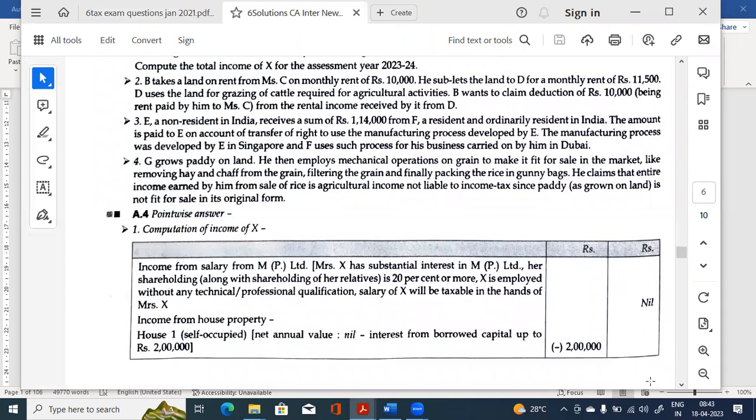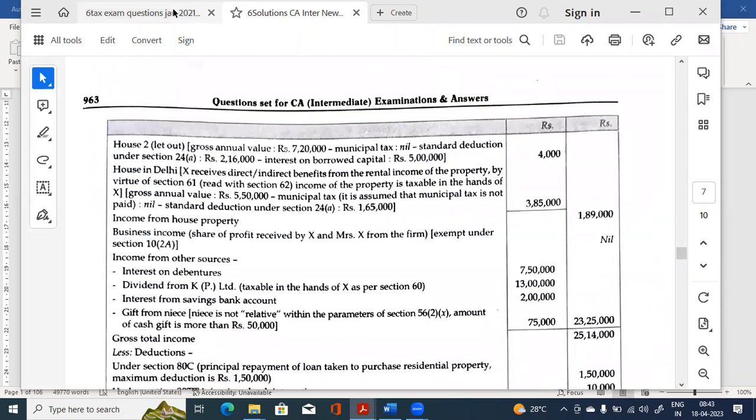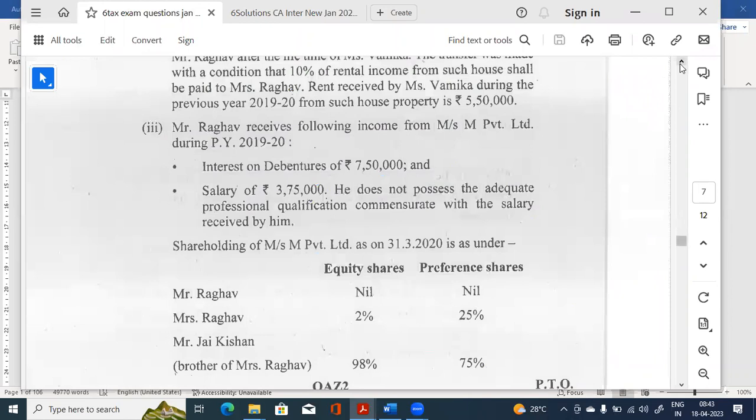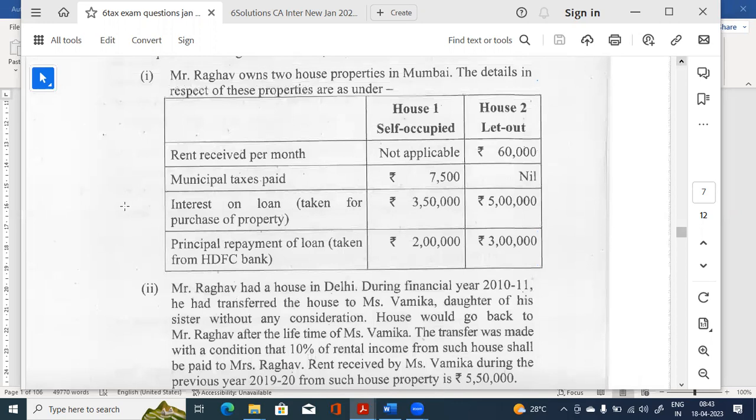Now, house property income. Self-occupied: up to 2 lakhs you will get here.